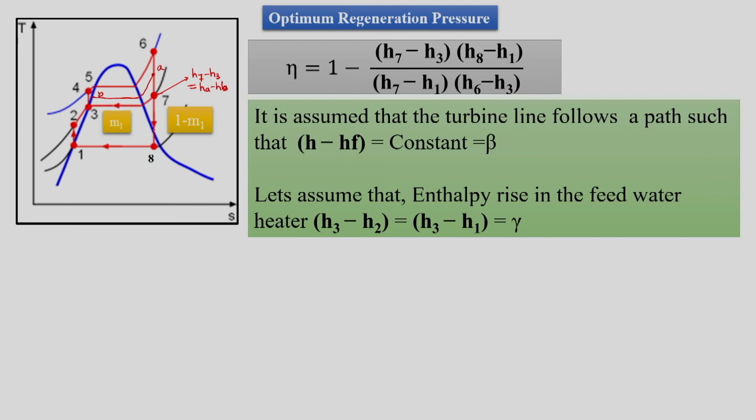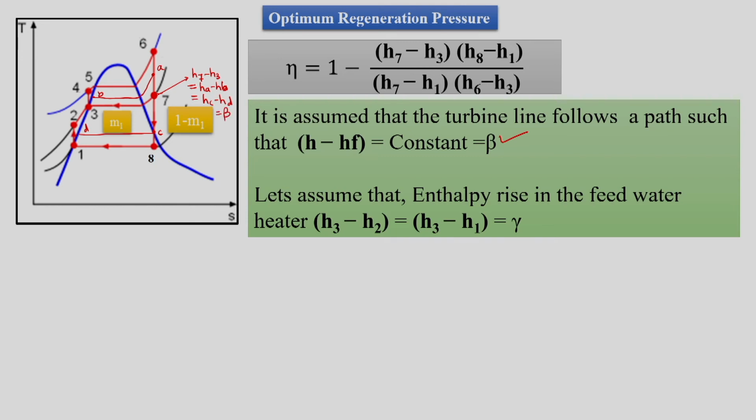Otherwise, if we had taken regeneration over here, this is C to D, equal to HC minus HD. So, H on this line minus the corresponding HF on the blue liquid saturation line is constant along the turbine expansion. We call all these terms beta.